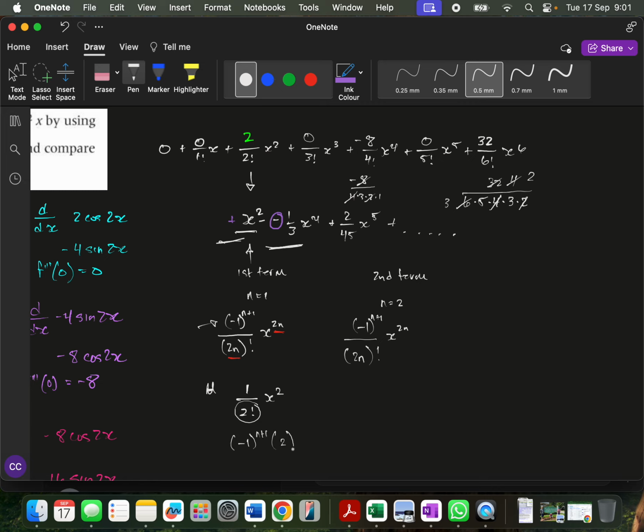Now if I look at my next term, I need this to be 1/3 x to the 4th. That's what it's got to look like. So we've got the negative 1, but now it would be over 4 factorial, and then x to the 4th.